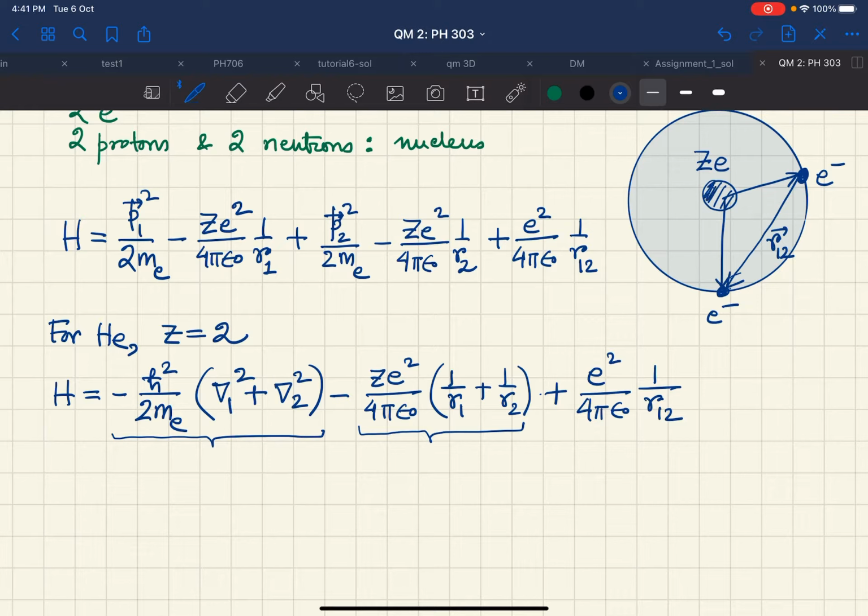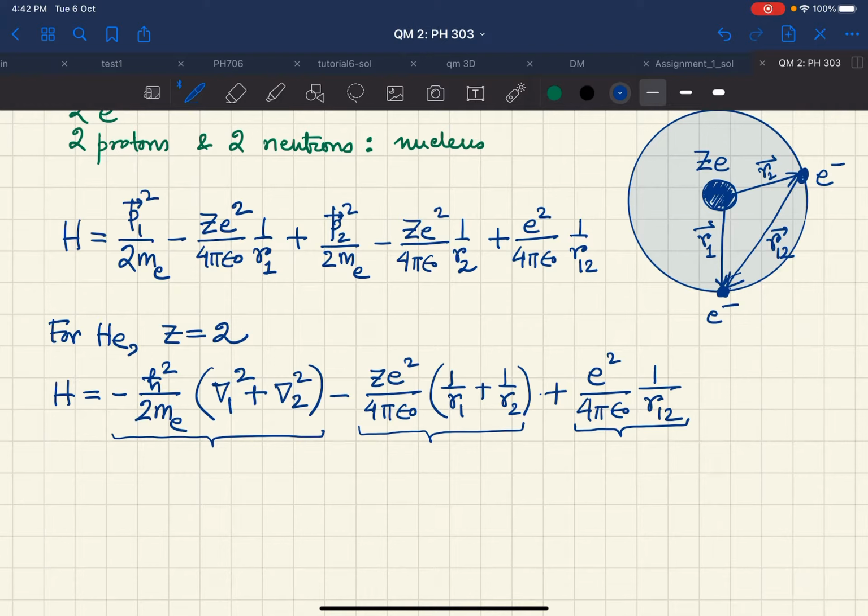We have a charged object here at the center which has the charge of Z times e, and therefore the potential is Z e squared by 4 pi epsilon naught times 1 by r1. Similarly, this is r2. So these are the two standard Coulomb potentials, and this last term tells us that there is a repulsion between the two electrons in orbit.